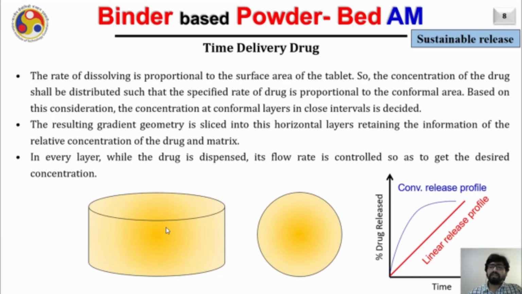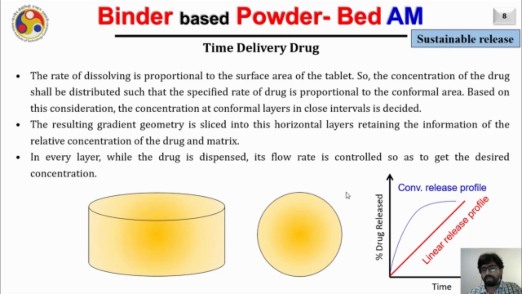One very important aspect of using binder based powder bed additive manufacturing for realizing the time delay drug is its capability of producing sustainable release. First of all, let me try to explain how conventional release works. The rate of dissolving the drug is usually proportional to the surface area of the tablet.